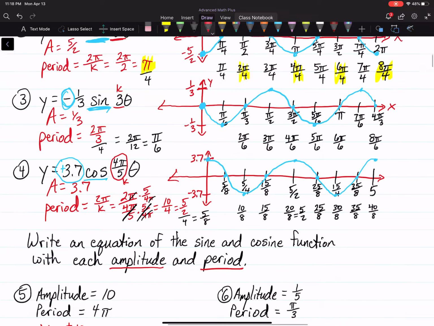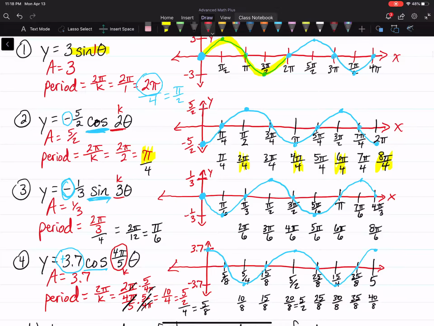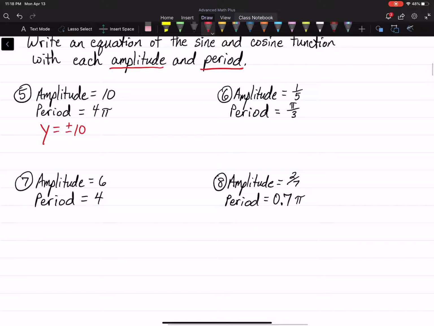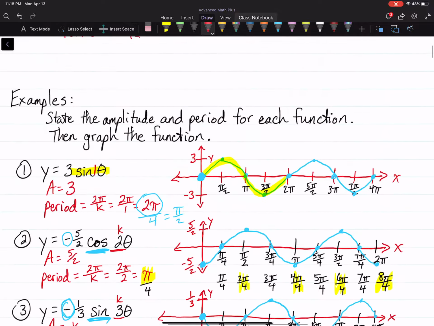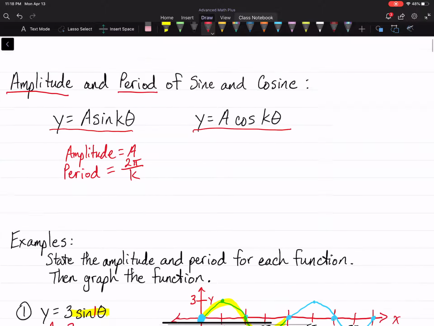You saw that in number 3 up here, and number 2. They were both negatives. So you have to put plus or minus, and the first one we'll let it be sine. And then we have to figure out what k is, because if I go back up to the top, remember it's a times sine of k theta or a times cosine of k theta. So I need to know what k is.